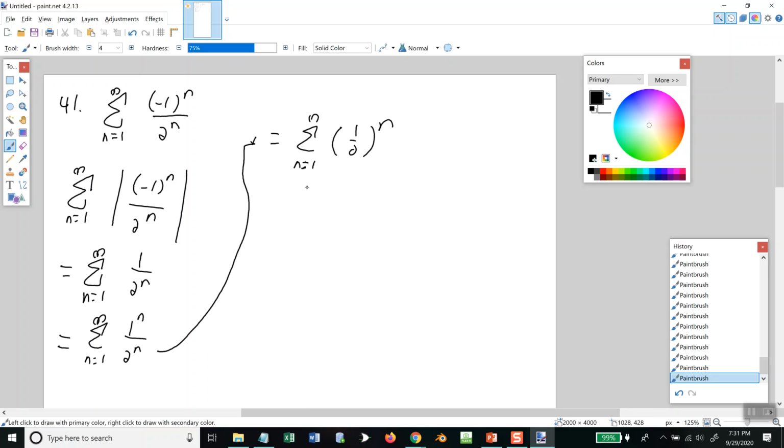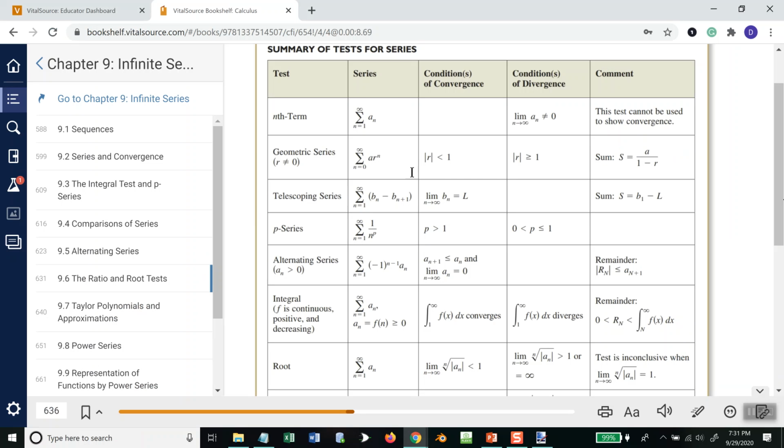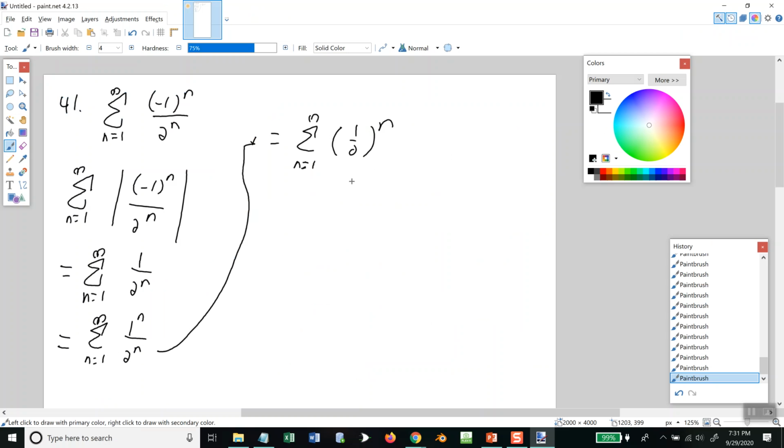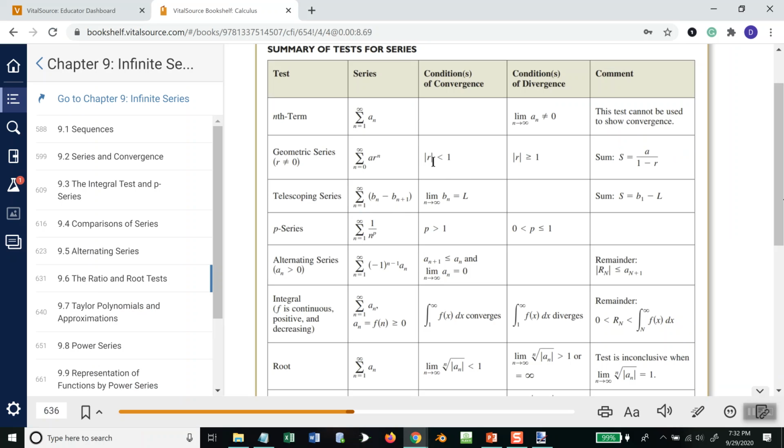It is proper algebra to rewrite that as 2 to the -n power. That's a good thought, but the fact is on this, our n can't be negative. So then our r, according to that, will be 1/2. And it says if the absolute value of r is less than 1, that it converges.